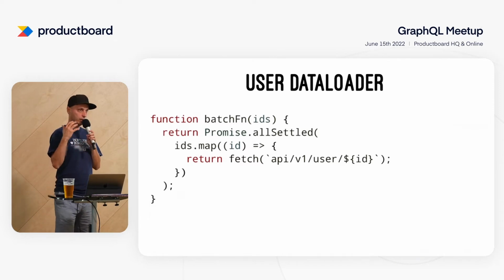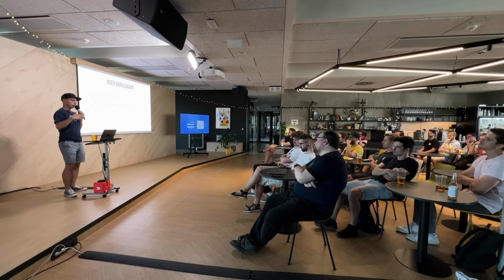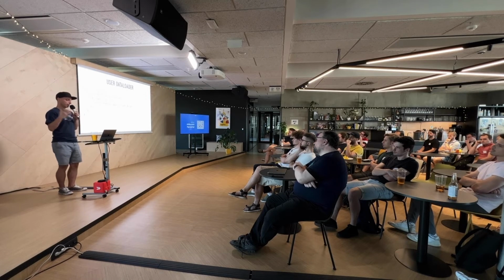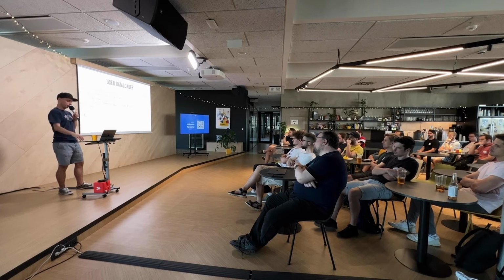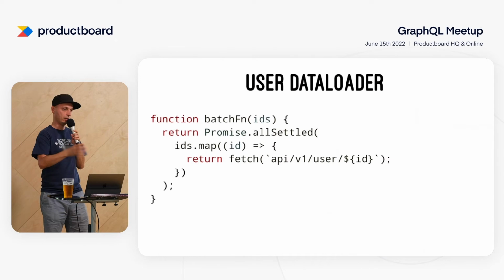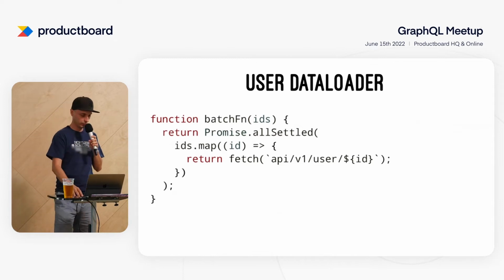But you have to think about the batch function as something where you are very free to do whatever you want. If you have a different architecture, where you don't use microservices and internal REST API calls, it could be a database, it could be Redis, it could be whatever data source you use. Just implement the logic here and fulfill the requirements. So return a promise, the same amount of IDs you received has to be in the response and in the same order.